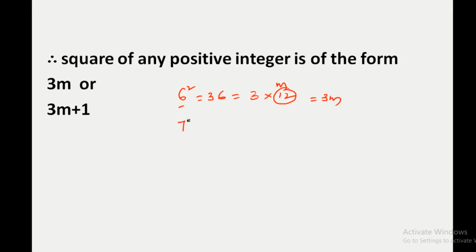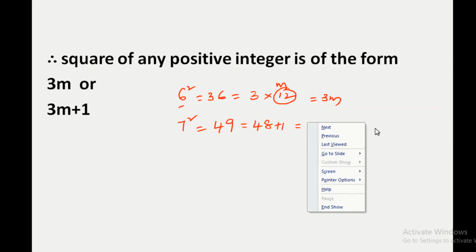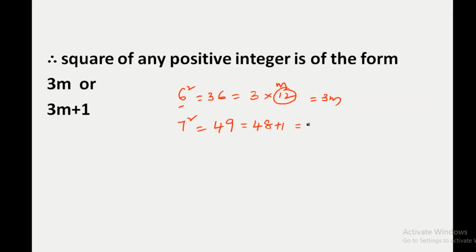Similarly, if I take 7 square, whose value is equal to 49, we cannot directly divide 49 by 3, so this can be split and written as 48 plus 1. This can be written as 3 into 16 plus 1, where in place of 16 we substitute m. This is in the form of 3m plus 1.